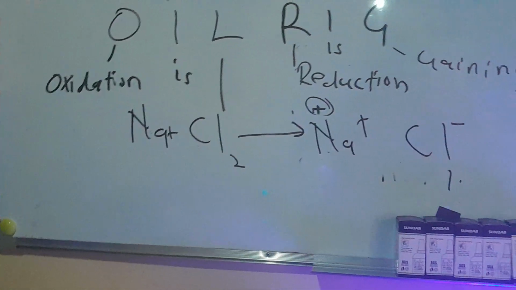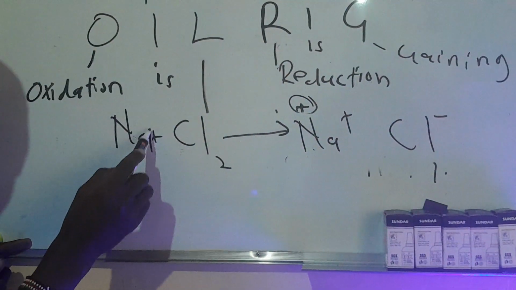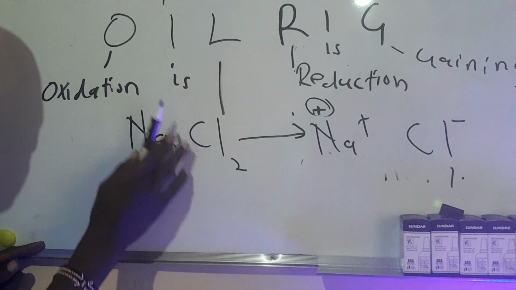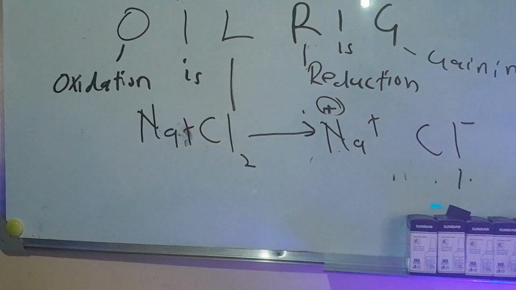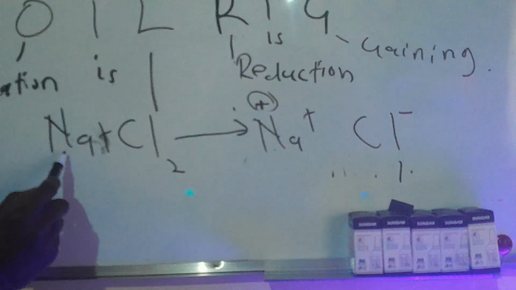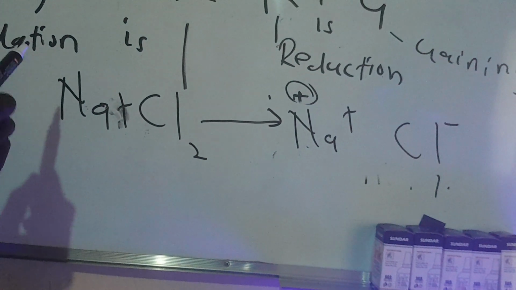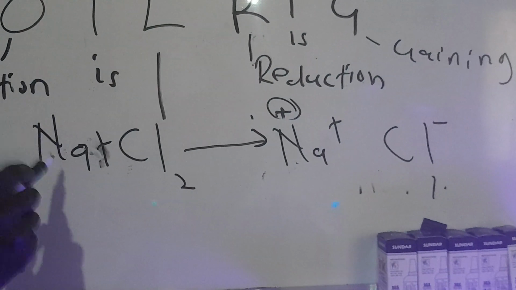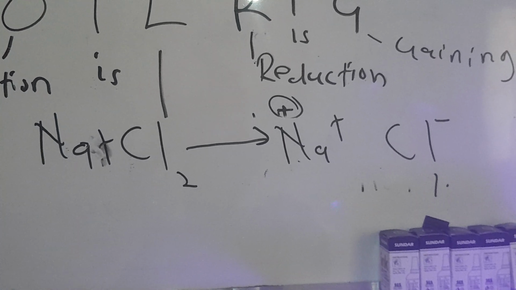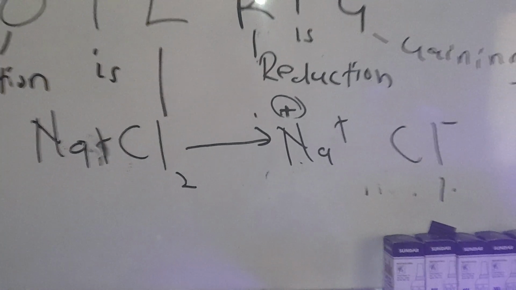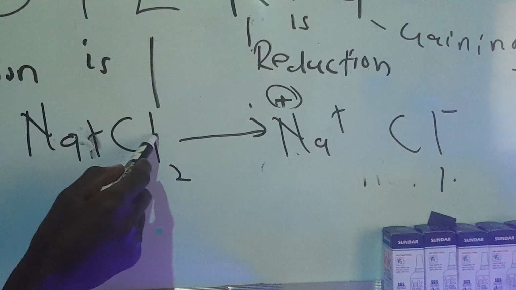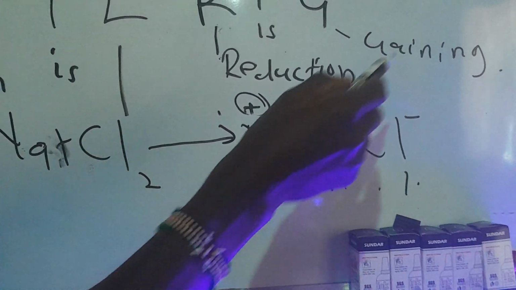Now in this case, sodium is positive. Sodium had an oxidation state of 0, now it is positive. So sodium, in this case, has lost an electron. And chloride, in this case, has gained an electron to become negative.